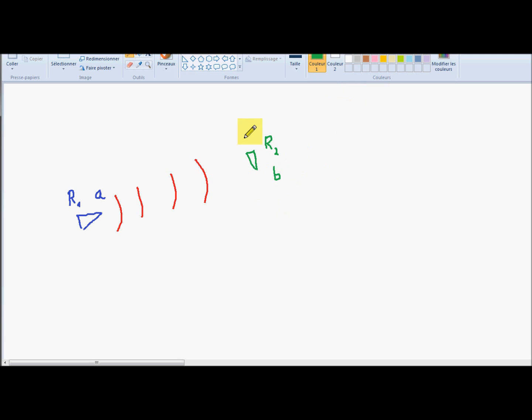So at time A, robot 1 was here. It has moved like this. This is the trajectory of the robot, and it will continue to move in this direction.